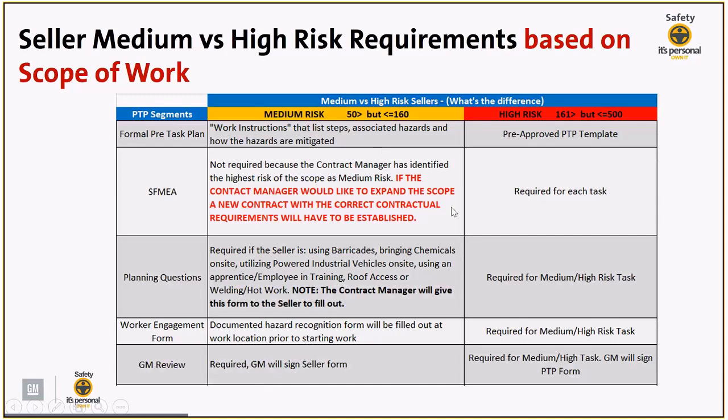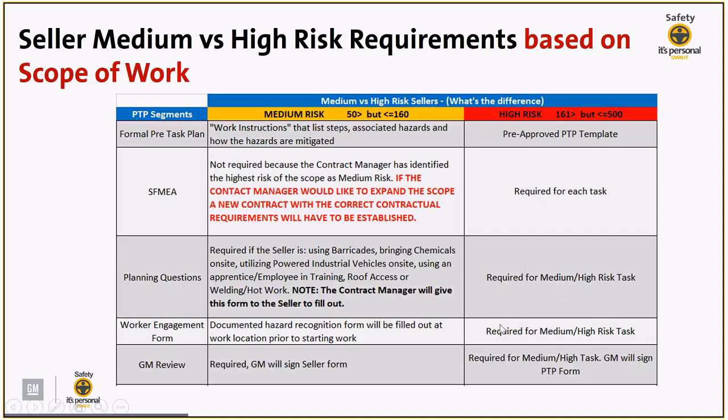Now, as for high risk, the requirements are essentially the same as they were previously with safety contract management requirements, but just to go over those again, if the seller has a high risk scope of work, then we're looking for work to be done on a pre-approved pre-task plan template. We require a safety FEMA for each task. With their safety FEMA, if the task is medium or high risk, we do require that the seller fills out the planning questions.